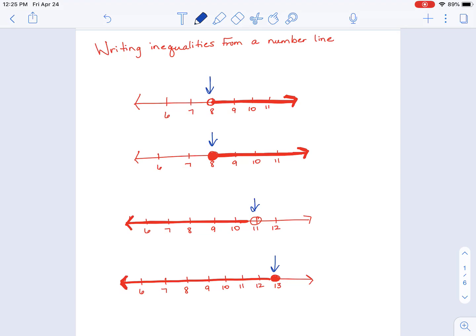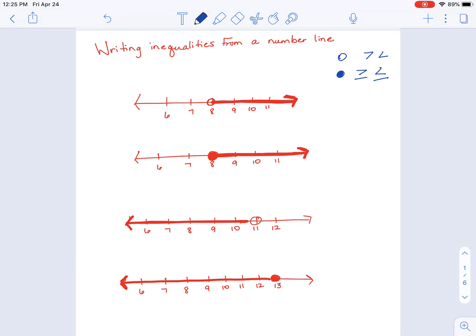And that's very important to look at, because that decides if you have that equal to or not in your inequality. So if it's an open circle, it's just either going to be a plain greater than or less than. If it's a closed circle, remember it's either going to be greater than or equal to, or less than or equal to. So that helps us. And then the shading also helps us to know which symbol we need.